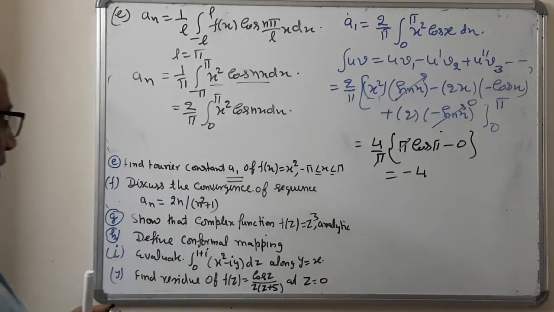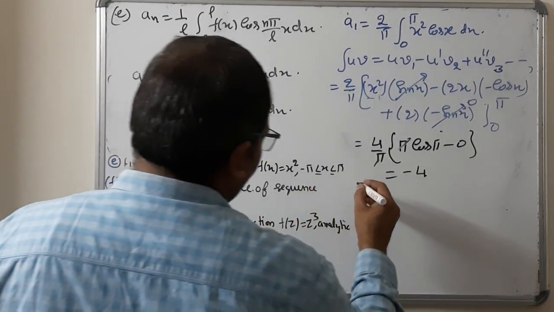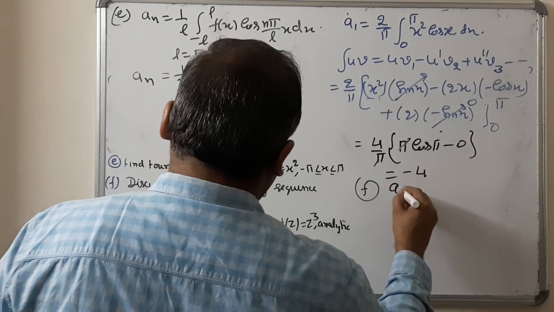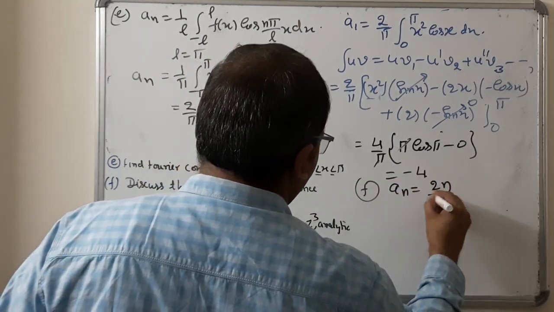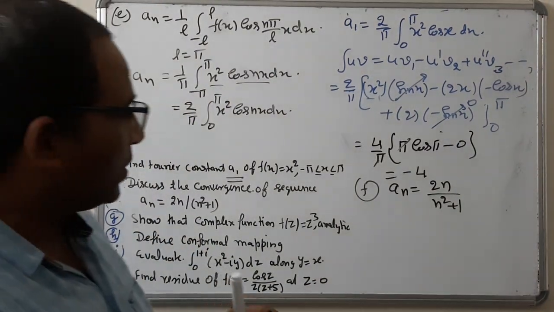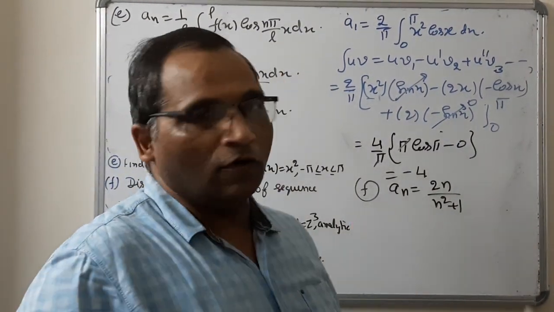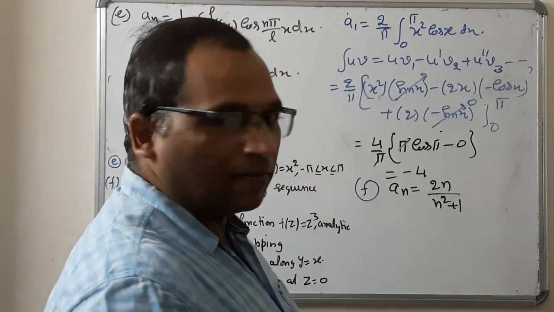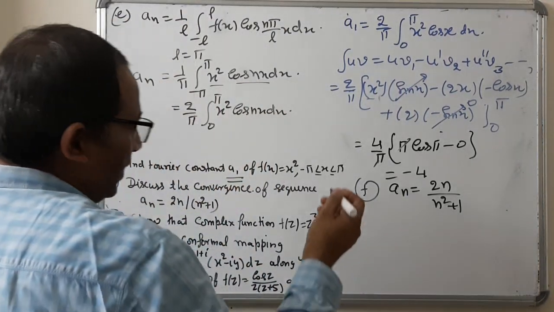Now we come to the convergence of a sequence. What is the convergence of a sequence? a_n is equal to 2n upon n square minus 1. Convergence of a sequence is defined as: if n tends to infinity, the value is finite.